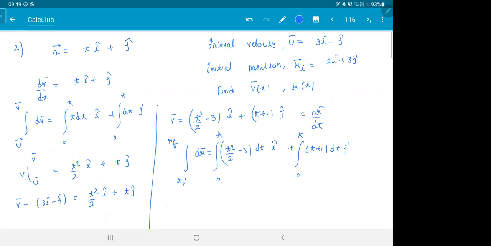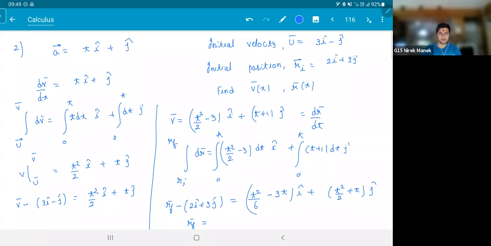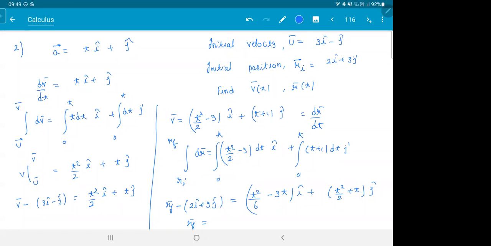So then when you integrate this guy, you get r final minus r initial, which is 2i plus 3j. This would be t square dt. That would be t cube by 6 minus 3t i cap plus, that would be t square by 2 plus t j cap. Check, send everything that side. So t cube by 6, right?